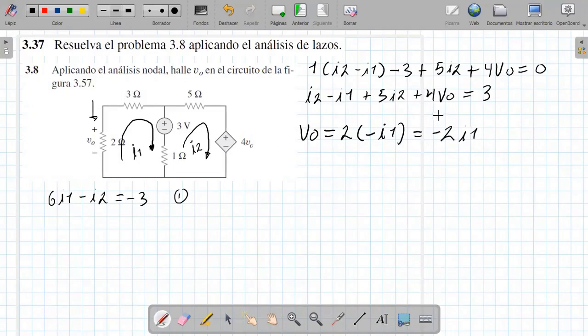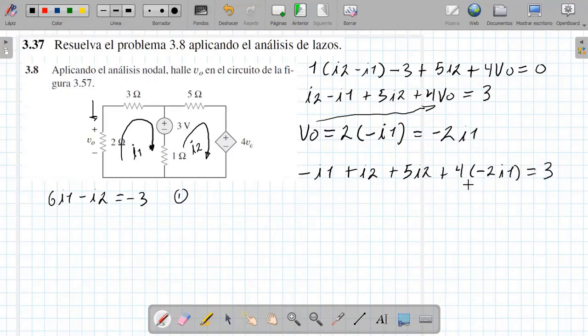That's what we're going to replace there. So I'm going to rearrange this. I put minus I1 plus I2 first, then plus 5 I2 plus 4 times V0. But V0 is minus 2 I1. That's equal to 3.